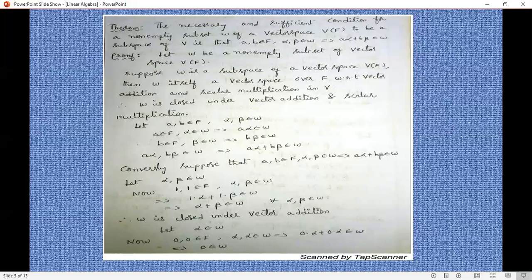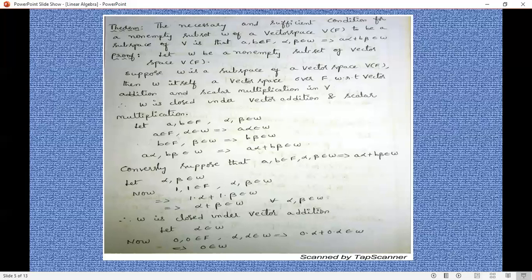Now we are considering 1, 1 belongs to F and alpha, beta belongs to W implies 1 into alpha plus 1 into beta belongs to W. We are using a equals 1 and b equals 1 in the above statement. 1 into alpha plus 1 into beta belongs to W implies alpha plus beta belongs to W for all alpha, beta belongs to W. Therefore, W is closed under vector addition. That means (W, +) is closed.